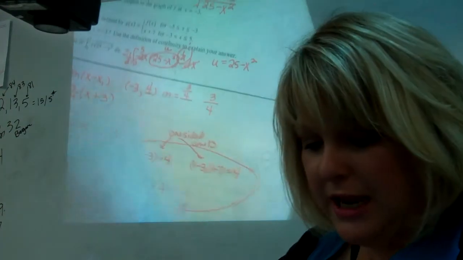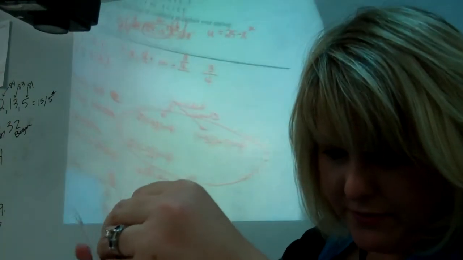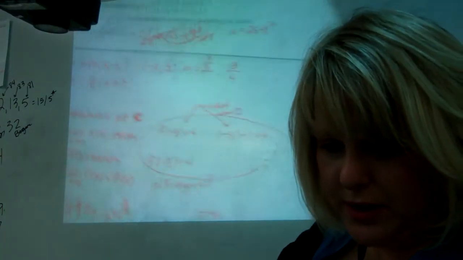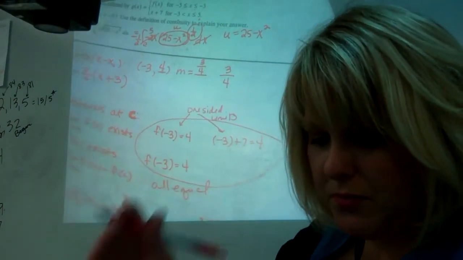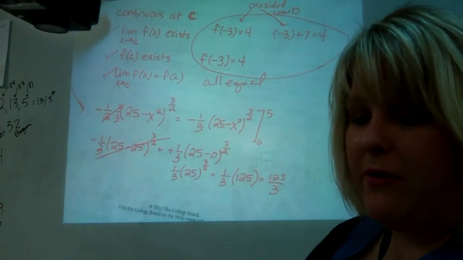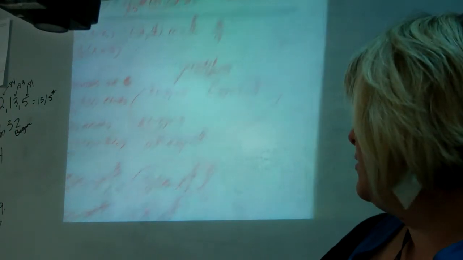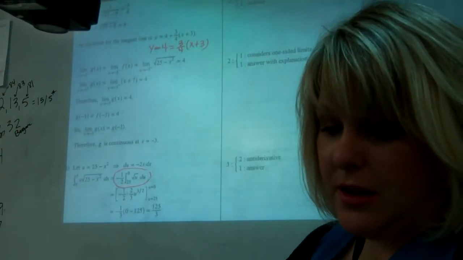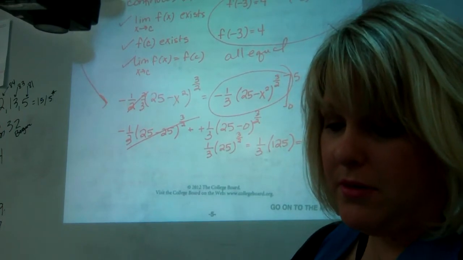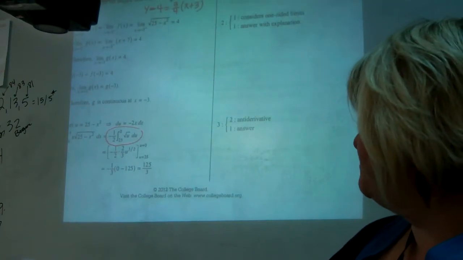So even though it's kind of hard to tell that we did it right, because they have the u change, you don't have to do it that way. So we did the antiderivative right. What they would look for on the antiderivative would be this. And then a point for the answer.